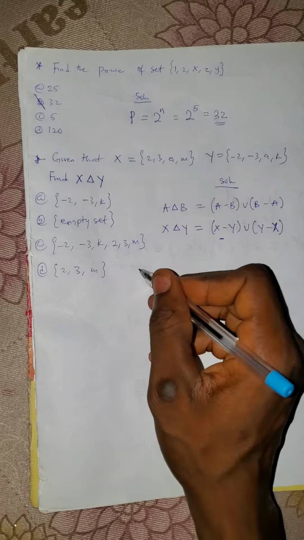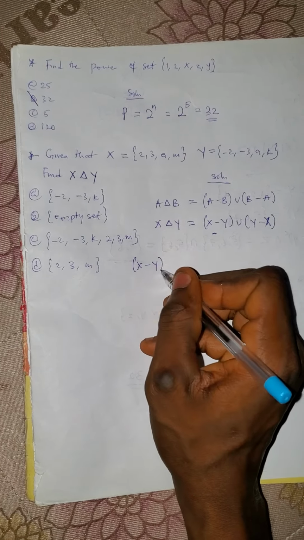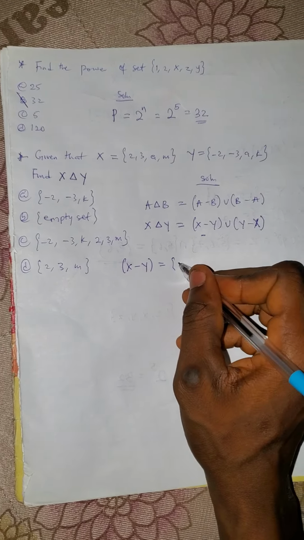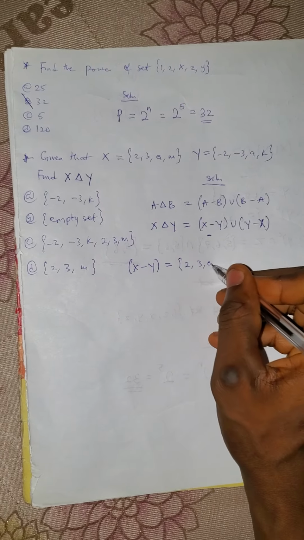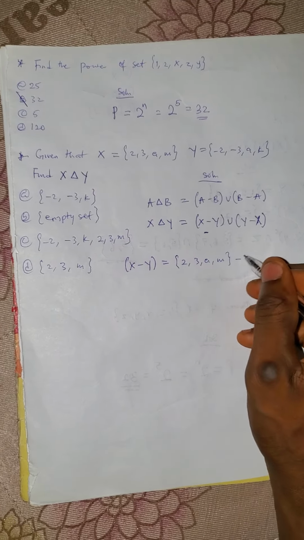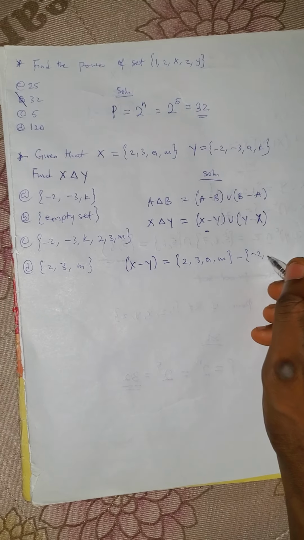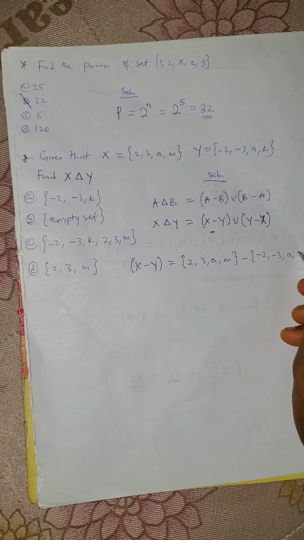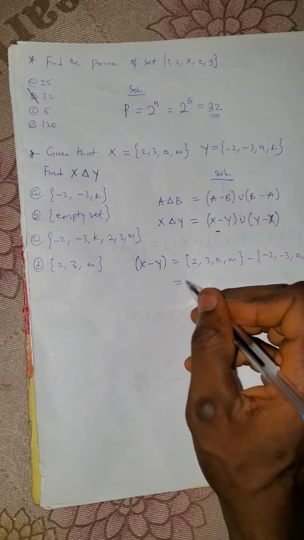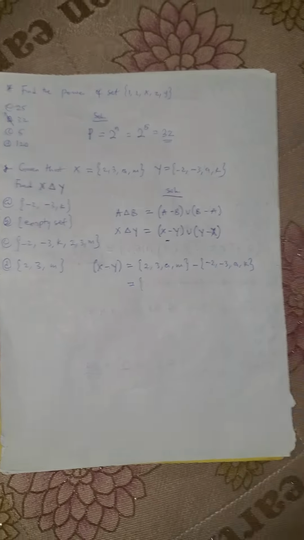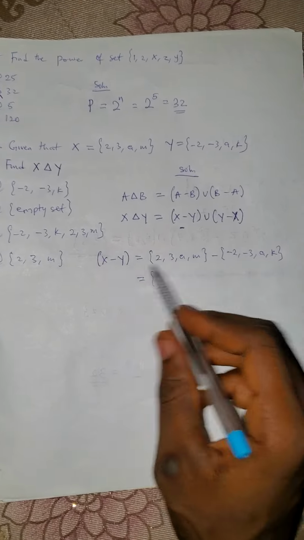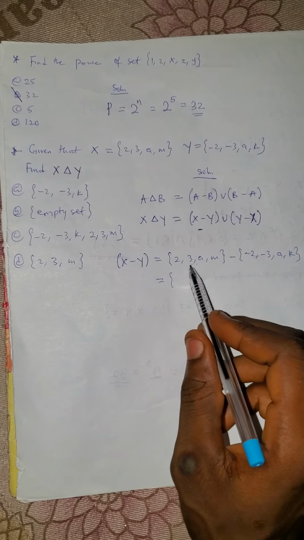Now, what is x minus y? Our x is {2, 3, a, m}, minus our y, {-2, -3, a, k}. Subtraction means we are going to remove y from x.